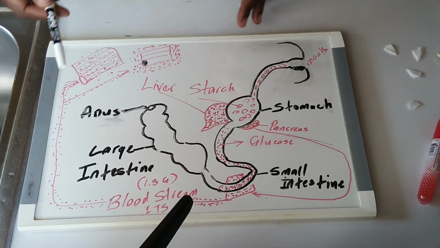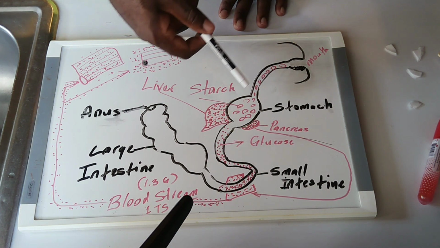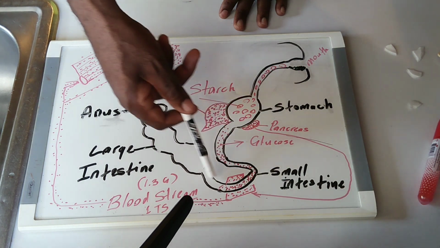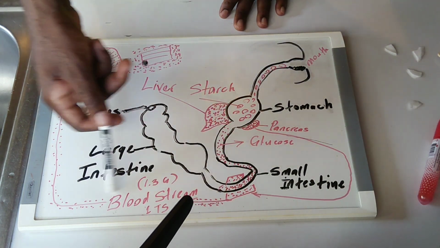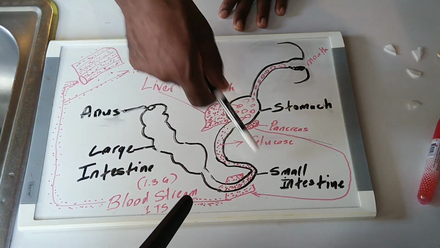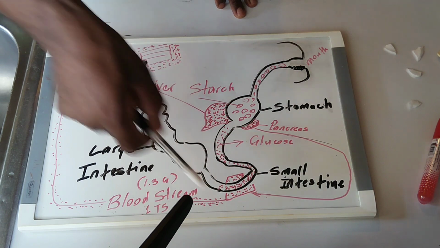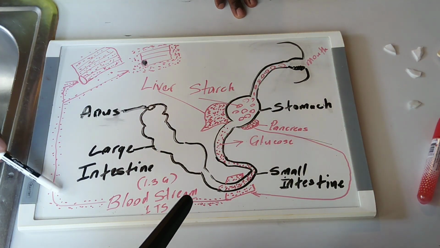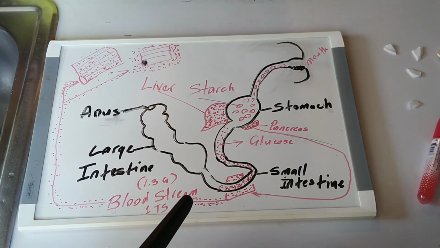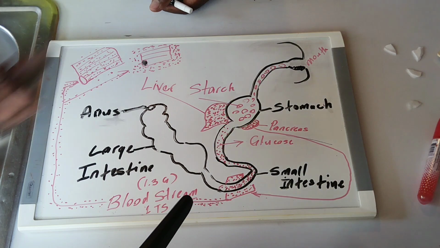So I'm just going to recap again. Digestion is a process by which food is broken down in the stomach or in the alimentary canal and absorbed in the small intestine into the bloodstream, right? When starch is digested, it breaks down to form glucose, and glucose then goes into the bloodstream where it needs to be removed and lowered to just 1 teaspoon.